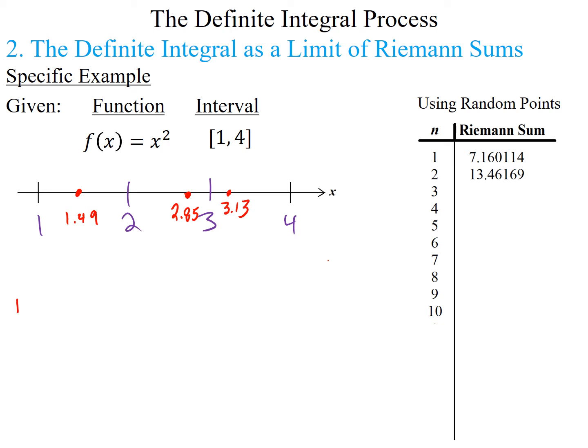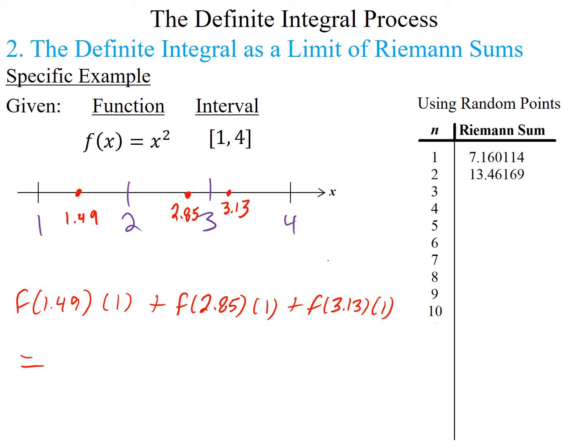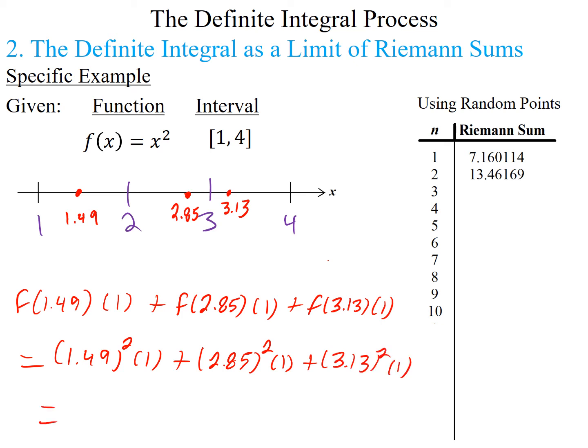So the Riemann sum you get is f of 1.49 times the width of the interval plus f of the second number times the width of that interval plus f of the third number times the width of that interval. Again, plug these into the function. And when you're done calculating that, you get 20.11911. And that's going to go there.